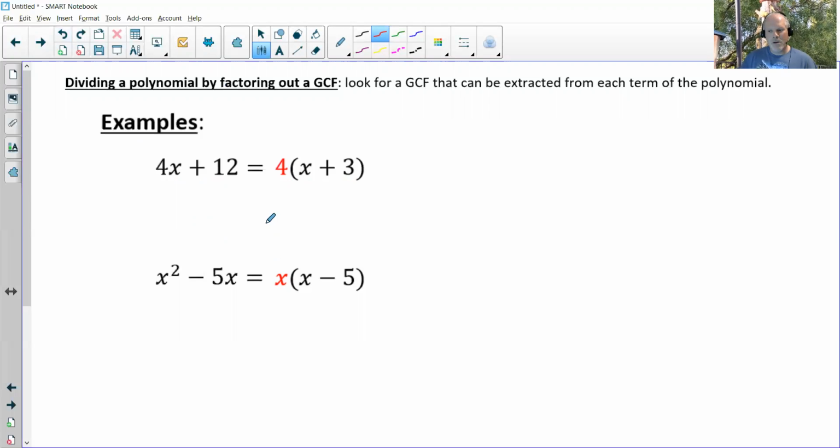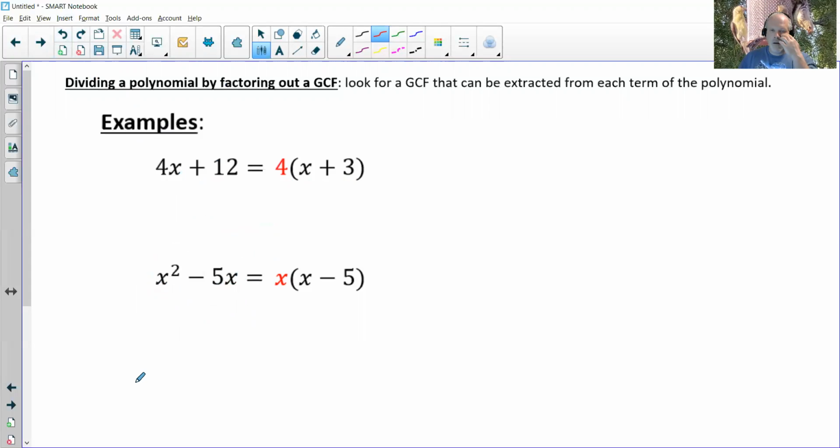In this second one, there is no numerical greatest common factor. However, I do notice that there is an x in both terms. Because of that, I can extract an x from both terms.